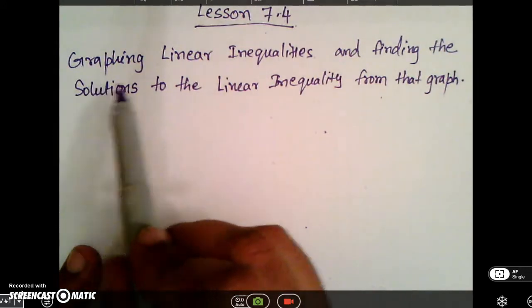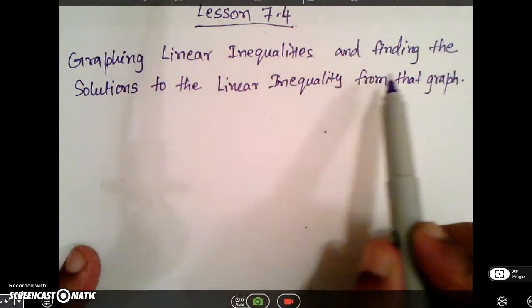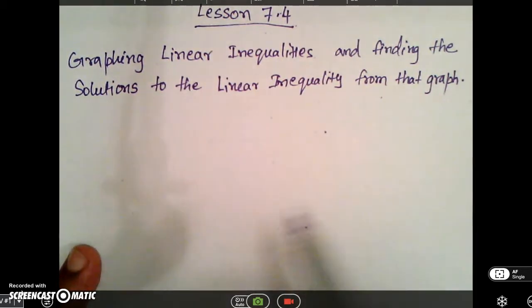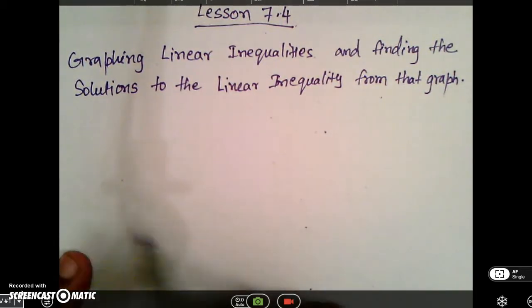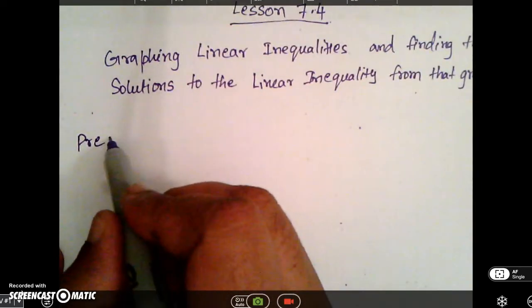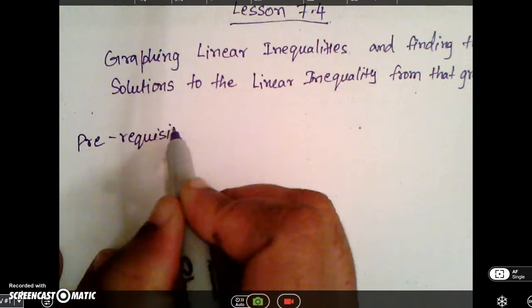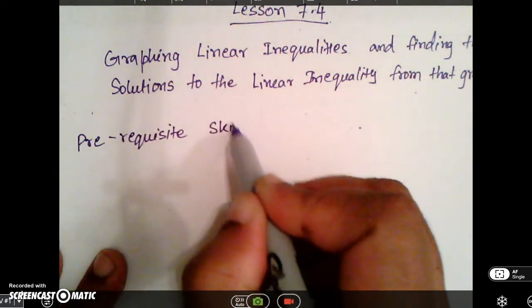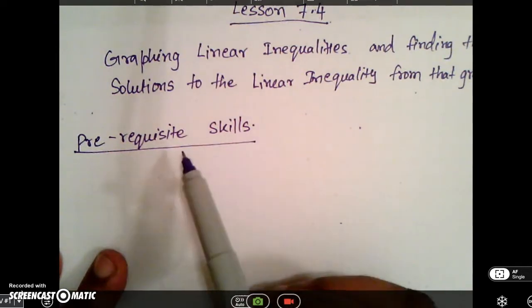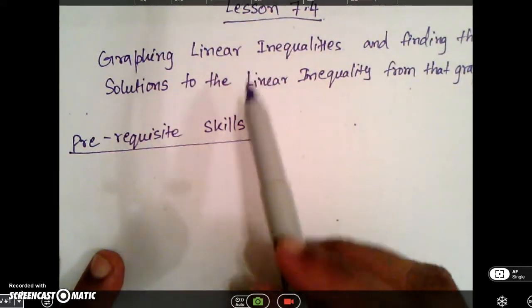So we're going to graph linear inequalities and we're going to find the solutions to the linear inequality from the graph that we drew. Alright, so there are some prerequisite skills I needed to do well in this.